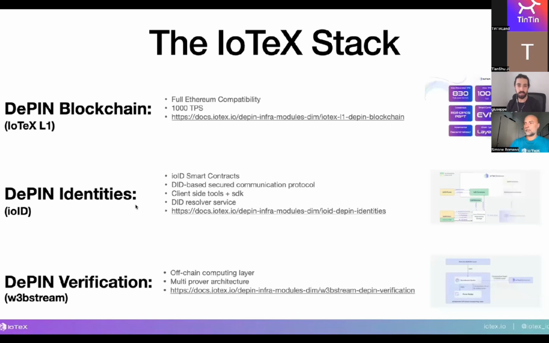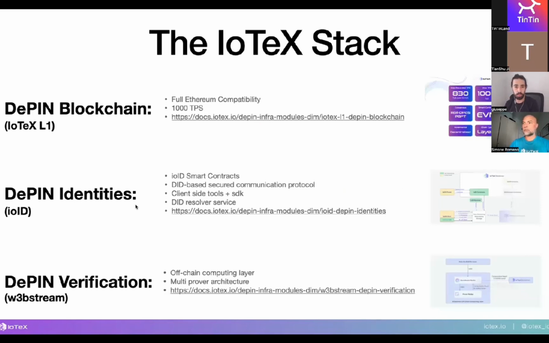We have another infrastructure component called IOID. That is a protocol to manage DePIN identities, which means the identities of the machines involved in a DePIN network, the devices, the owners, so the contributors to this DePIN network, as well as the identities of a project as a whole within the infrastructure.